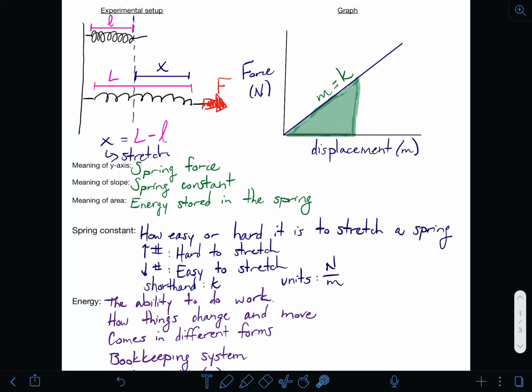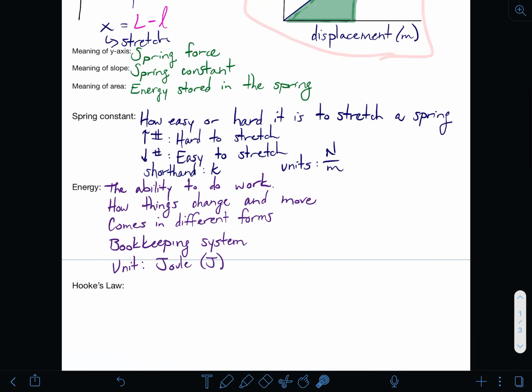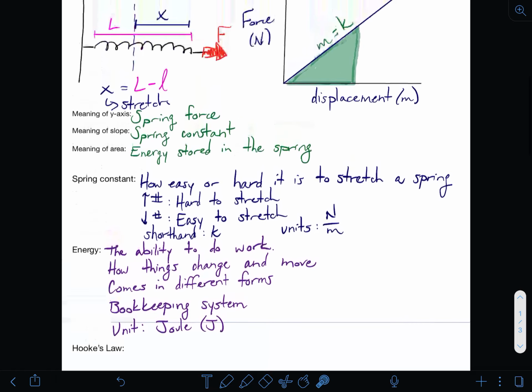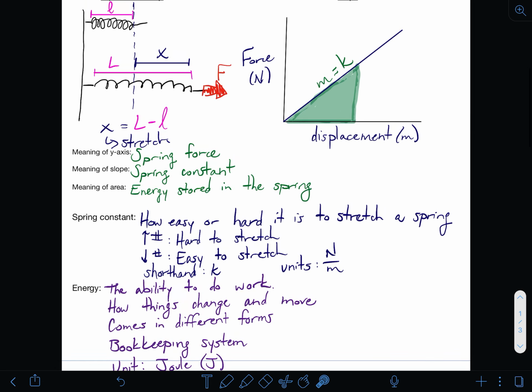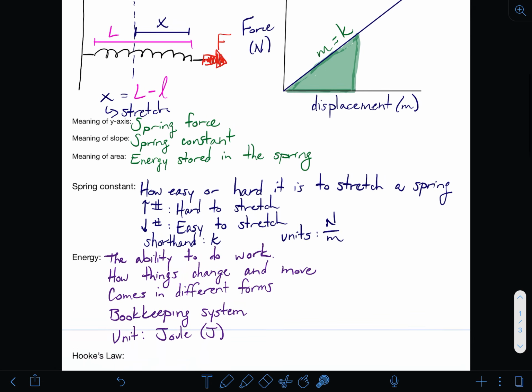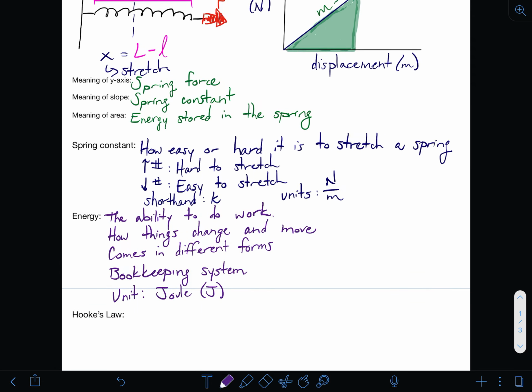However, we don't always have a graph that is easily accessible to us or provided. And so instead, we can calculate the energy stored in a spring using an equation.